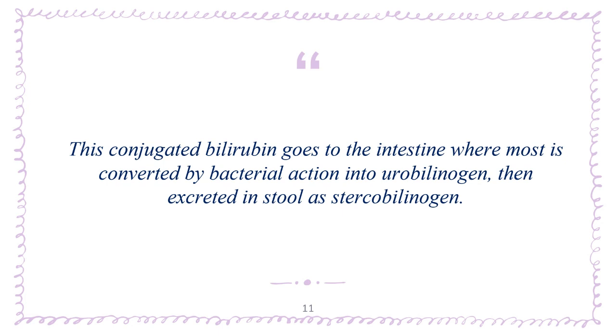Now from the liver, where does the conjugated bilirubin go? It goes to the intestine, where most of it will be converted to urobilinogen. So urobilinogen, as the name suggests, goes towards the urine, and some will be excreted in the stool as stercobilinogen.